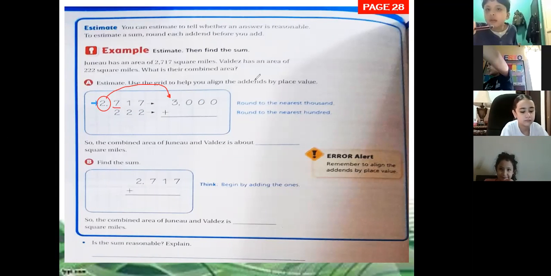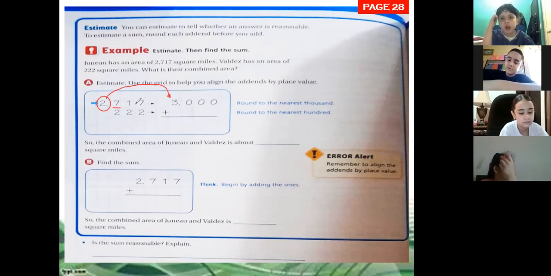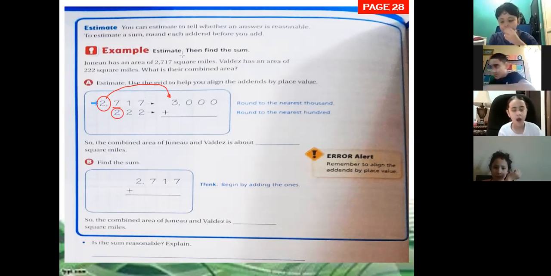7 is more than 5. Yes, 7 is more than 5. Since 7 is more than 5, I'm going to round, or add 1, to my thousand. So 2 is going to become 3, and I'm going to have 3,000. Now, if I round to the nearest 100, this number 2 again, it is followed by this 2.